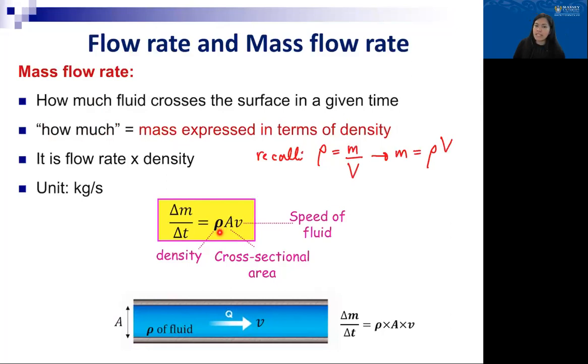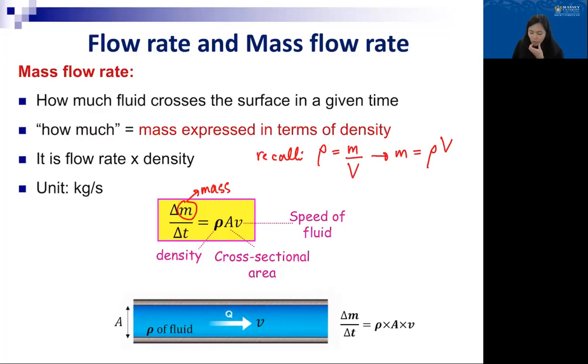It's the amount of fluid crossing a surface at a given time, except that we express how much as mass. And so we have this equation for mass flow rate. Instead of volume, we replace volume with mass. So m-dot here represents mass per given time, and you have density times the area times the speed.